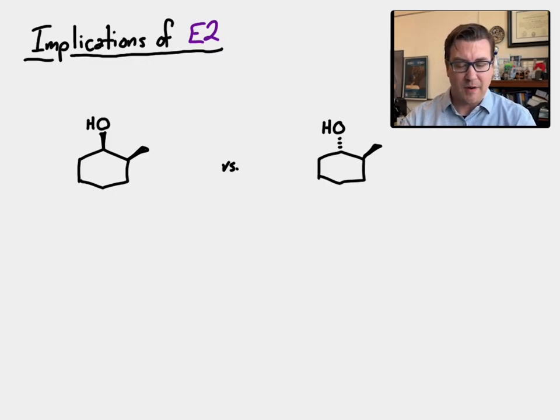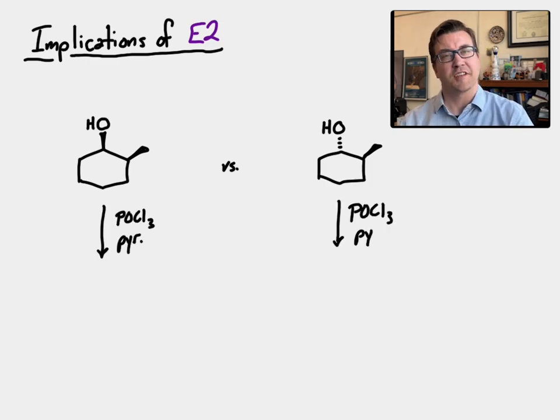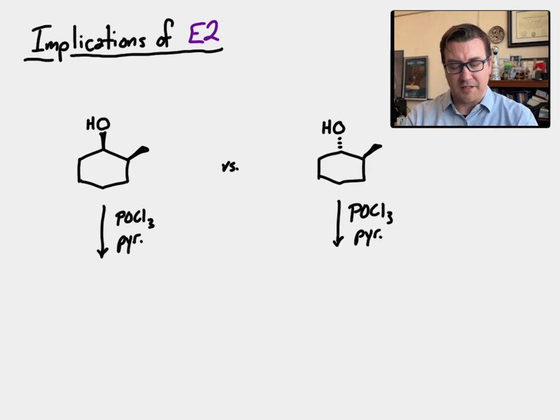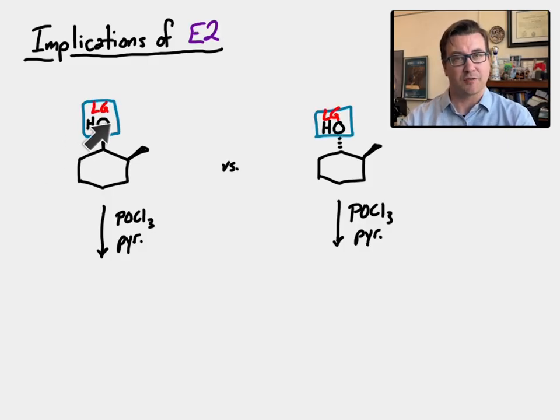But let's look at these 2 alcohols here. We'll treat each with phosphorus oxychloride and pyridine. Sometimes I'll abbreviate pyridine as PYR. And again, if you ever have a question about that, ask me what PYR is, and I'll say it's pyridine. Keep in mind that pyridine is a base. In both of these cases, this reagent is going to render this hydroxyl group, this alcohol, into a leaving group.